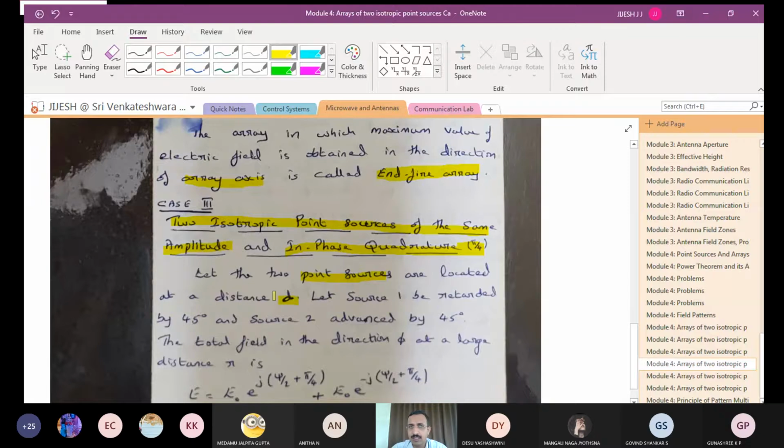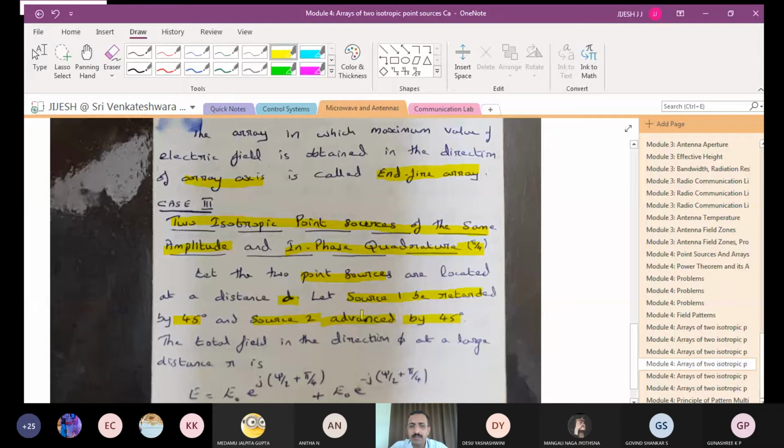Let source 1 be retarded by 45 degrees, which is what we see here in phase quadrature. Source 1 is retarded by 45 degrees and source 2 is advanced by 45 degrees. So in case 3, we consider two isotropic point sources separated by a distance d, where source 1 is retarded by 45 degrees and source 2 is advanced by 45 degrees.